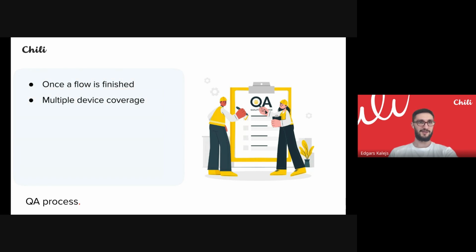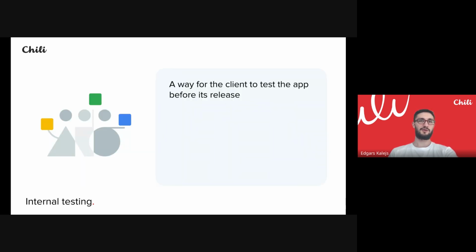And once that is done, we switch to internal testing. This is when everything's done from our side and is close to finishing the release. We also give the client the chance to perform internal testing. He has to make sure that the app really is ready for the release, and we can move forward.